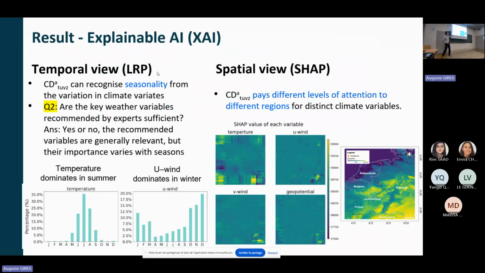But the model itself can gradually distinguish, according to the data, the summertime and the wintertime. They really can tell. It also tells us that during summertime we should look into temperature: temperature is more critical for finding good climate analogs. But in wintertime, the importance of the U and V wind components becomes more critical.